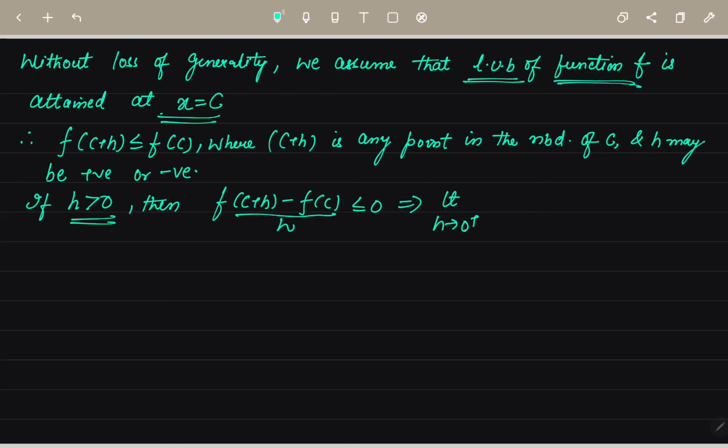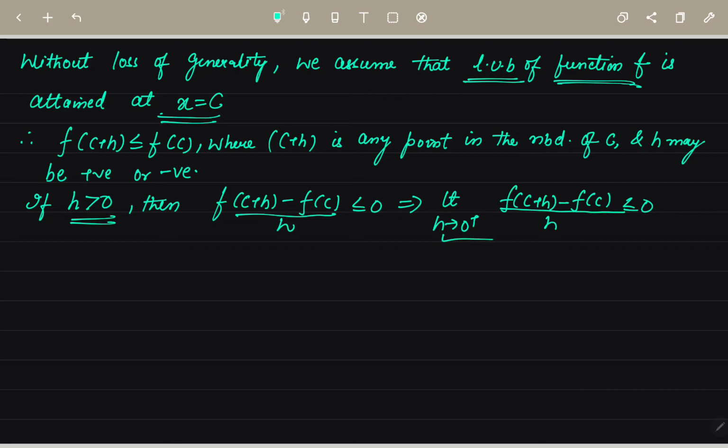The limit of (f(c+h) minus f(c)) divided by h is less than or equal to 0.